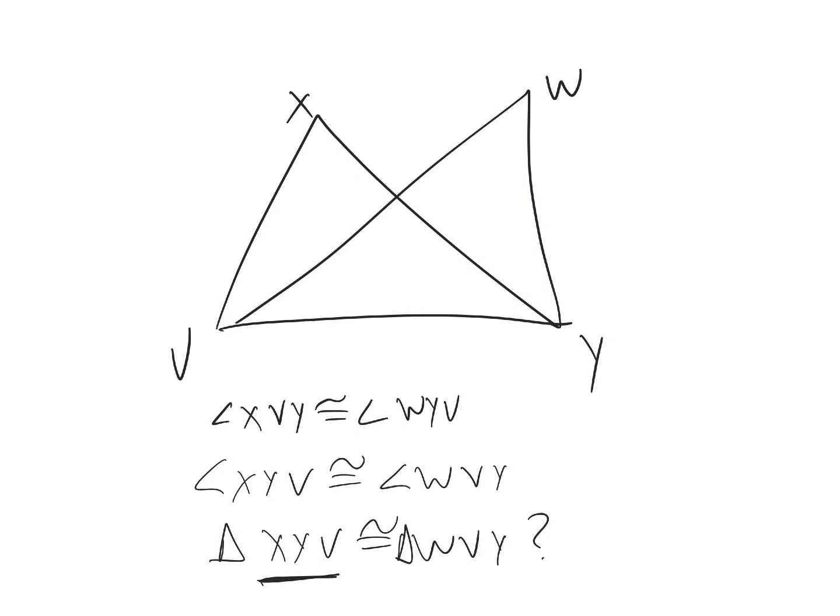So XYV is this triangle to the left. And then you have the triangle on the right, which is WYV. Make sure you mark both pictures. So the first part here, the two angles XVY and WYV.